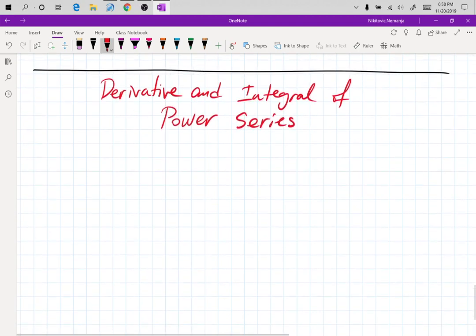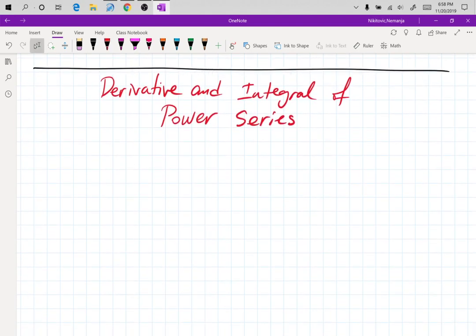Now we understand that the power series can turn stuff into a polynomial, and then you just go from there. But what I want to write here is the derivative of the actual power series.